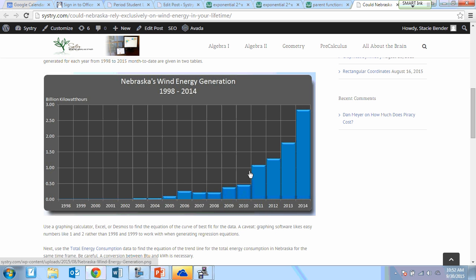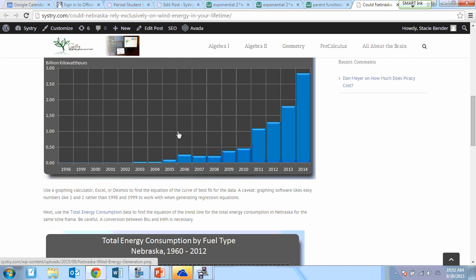What kind of a curve does this look like? Exponential, which is what we were just talking about, right? And if you get that data, which is what I gave you on your sheet, there's a table on the right side. I put them all in since 2001 is where we're starting because I have data for how much energy we use in Nebraska as of 2002. Okay.